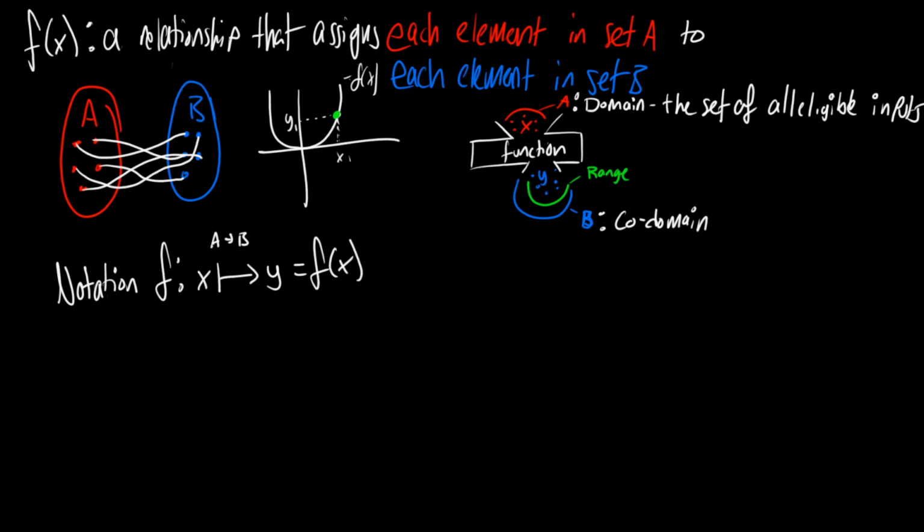So f of x, this is technically one value, and this is equal to y. This just means equal to y. And this was what becomes f of x.